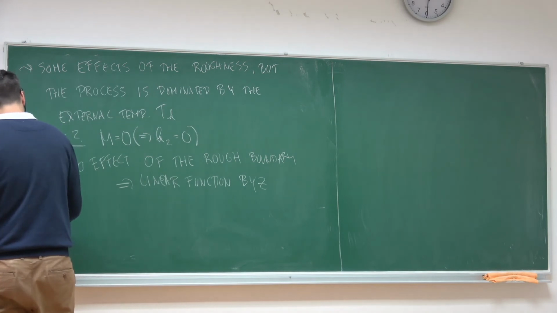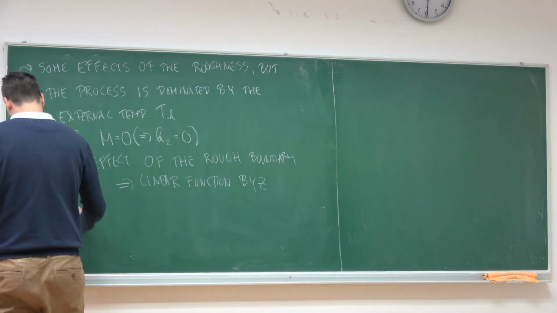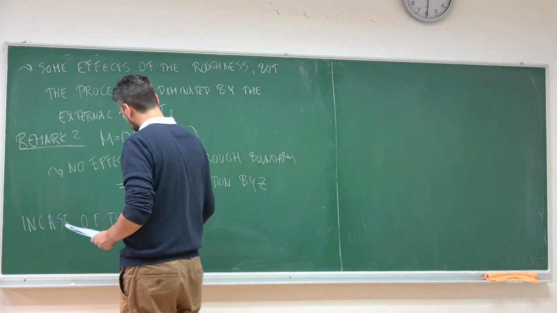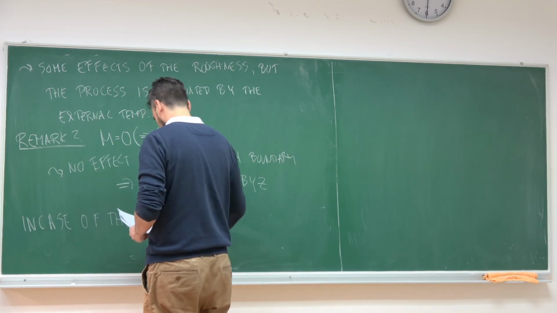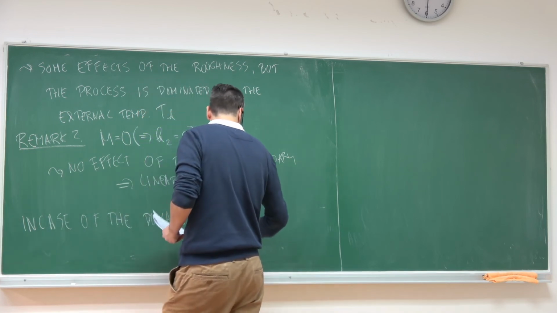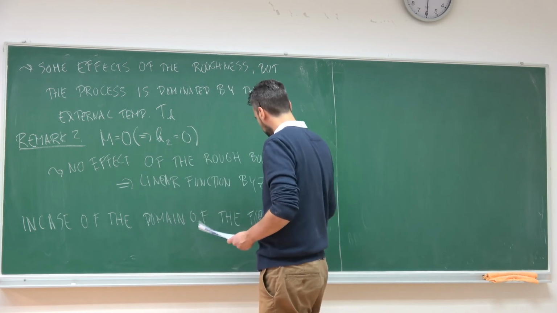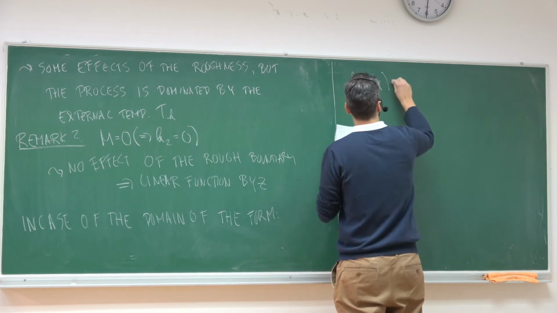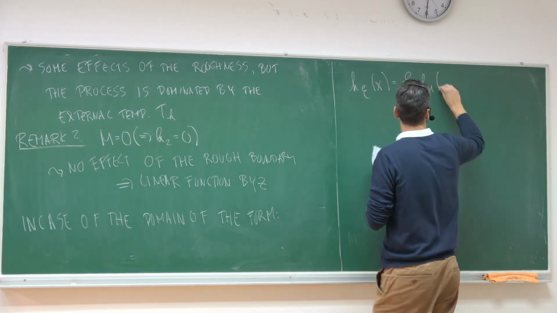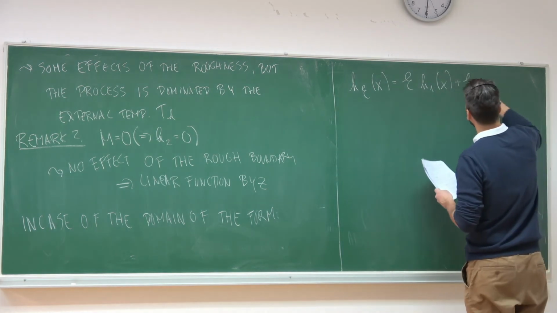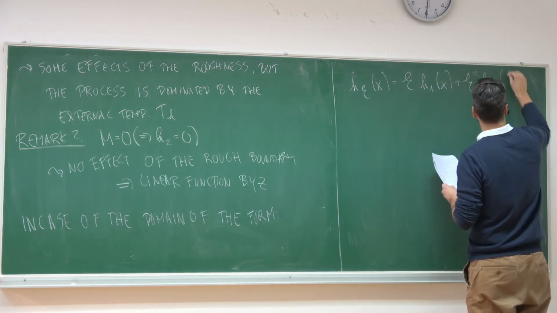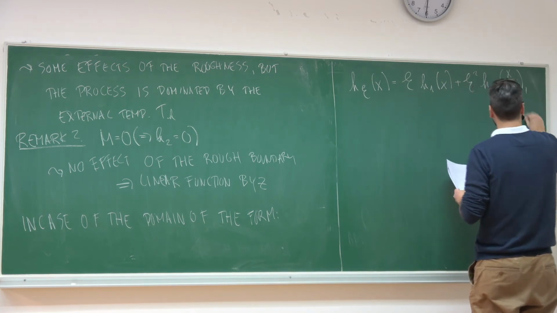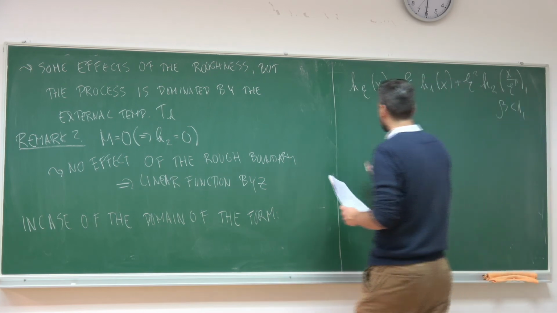So in case of the domain of the following form, h epsilon of x is epsilon h1 of x plus epsilon squared h2 of x over epsilon beta, where beta is less than 1.